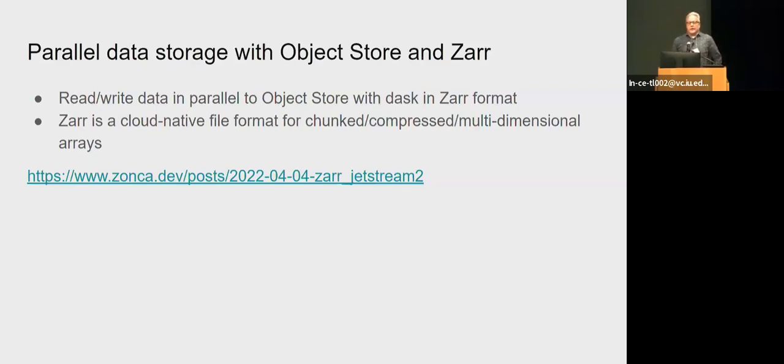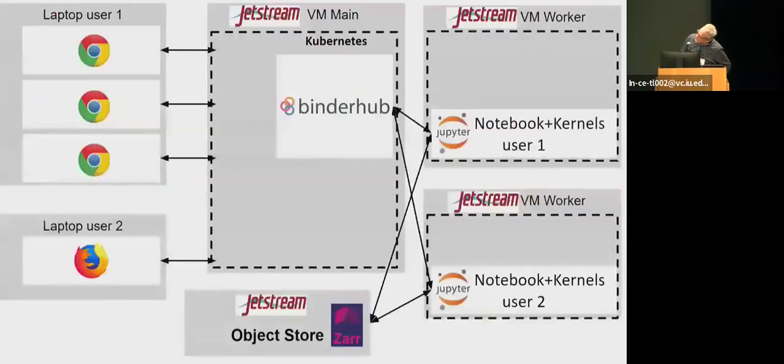So imagine you have a climate model run data set that is present. We can actually have data that is located right where the compute is. So we have an example of that there.